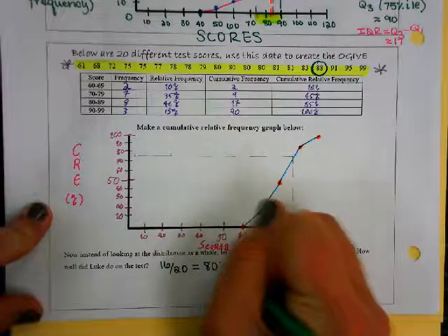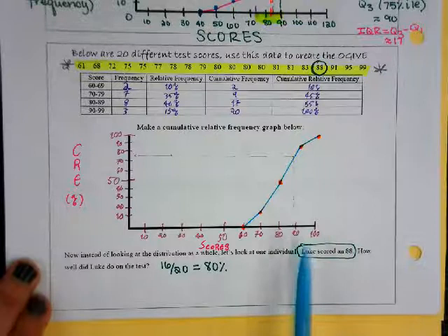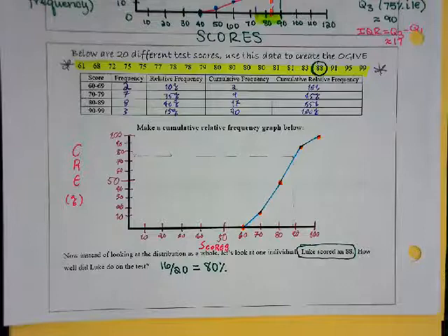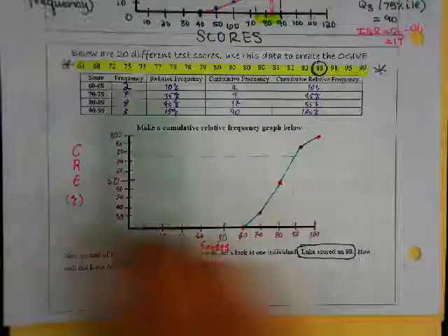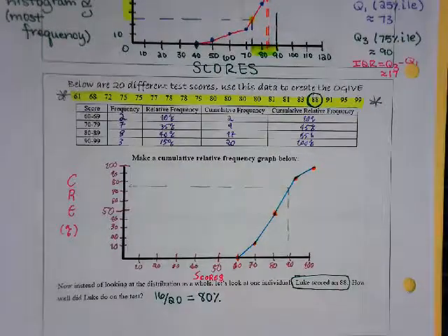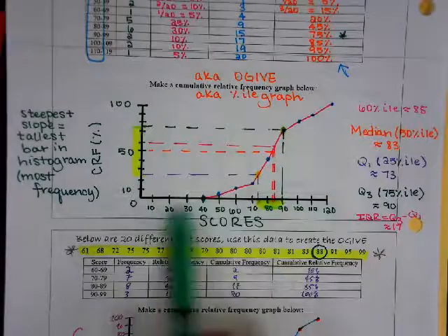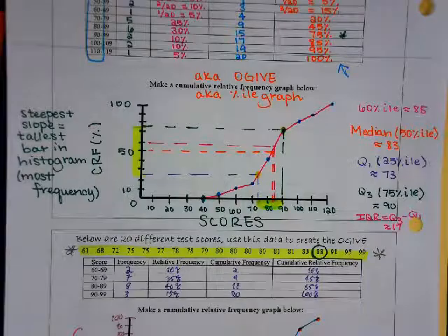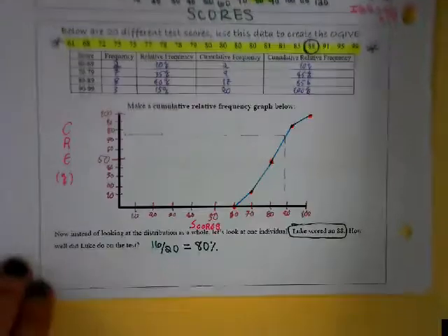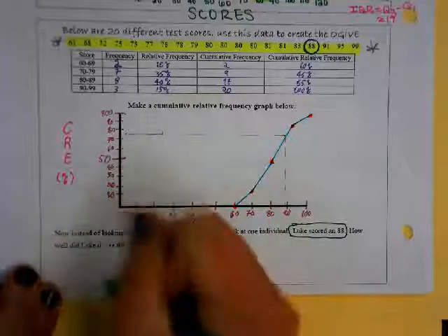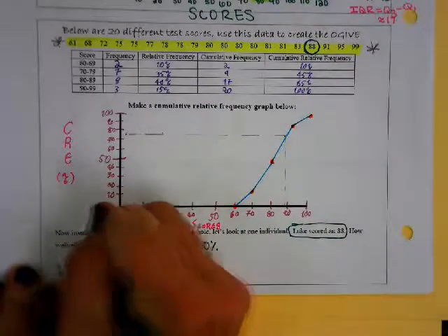So if you have the actual data, you want to use it. If I give you an ogive and ask you to find answers from it, know that it's going to be perfect. It's not going to be hand hash marks. It's going to be exactly the same intervals. So he scored better than 16 of his peers out of 20, so that's 80%. So he scored better than 80%. That is also known as the 80th percentile.